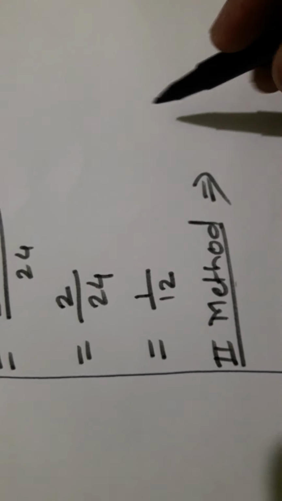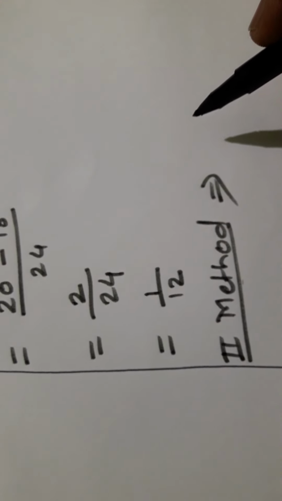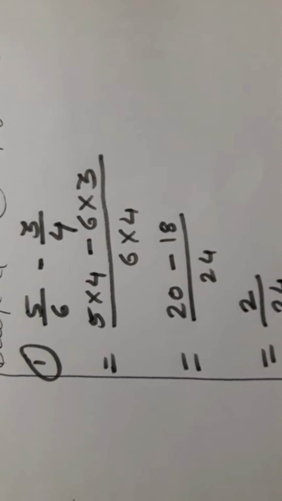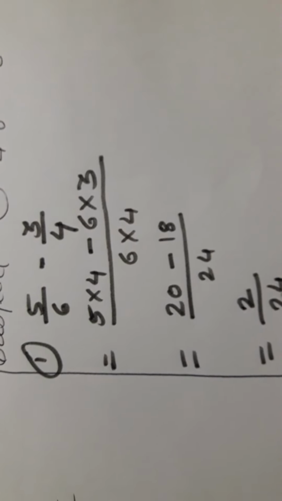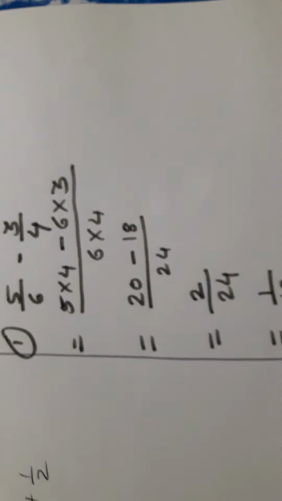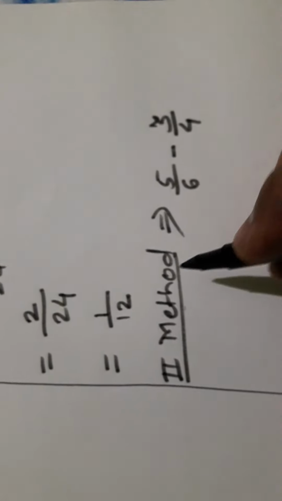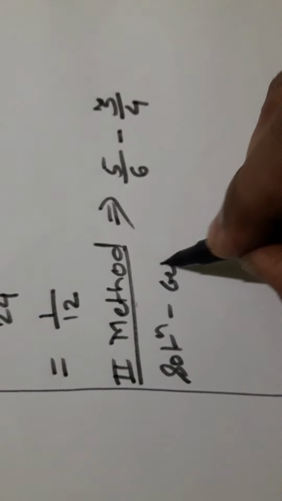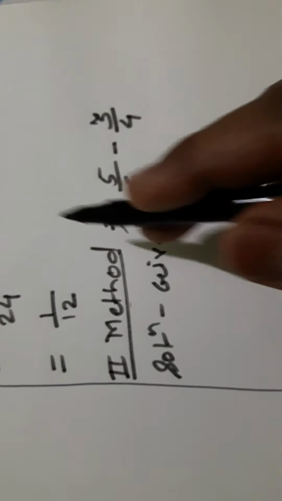Now I will show you the second method. What is the second method? That is LCM. Okay. I will copy down the example as it is: 5 upon 6 minus 3 upon 4. Now see here, the solution is given.